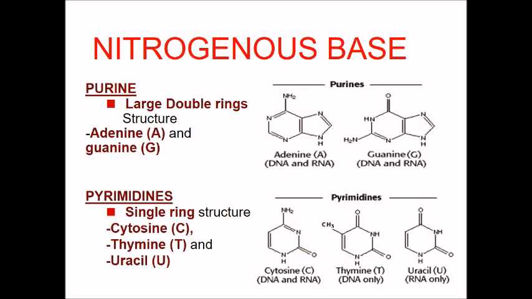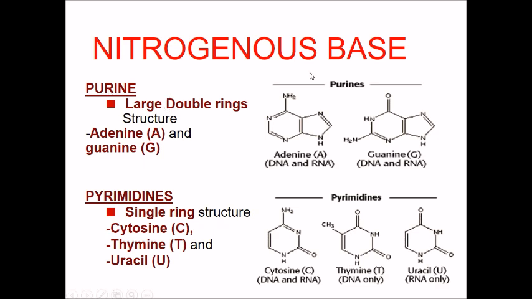And this one is the normal sugar with one oxygen atom attached to each of the carbon. So the next component of nucleotide that you have to know is nitrogenous base. There are two types of nitrogenous base. The first one is purine and the second one is pyrimidine. The difference between purine and pyrimidine is based on their structure.